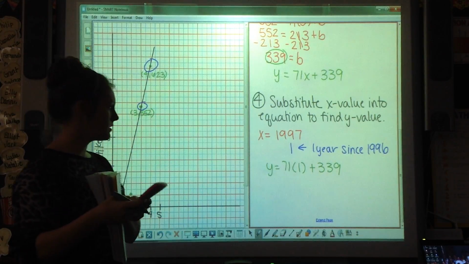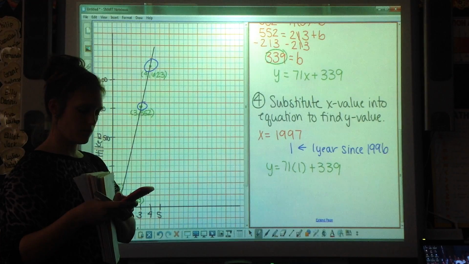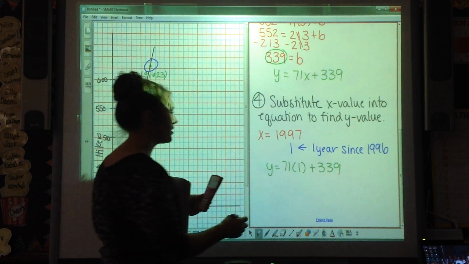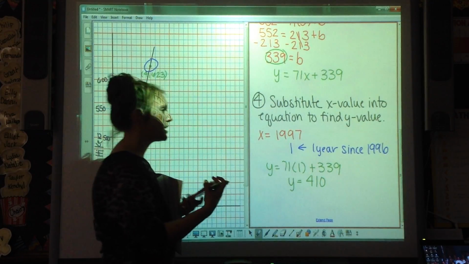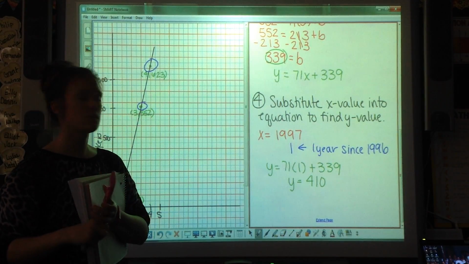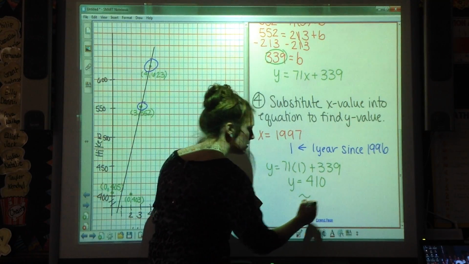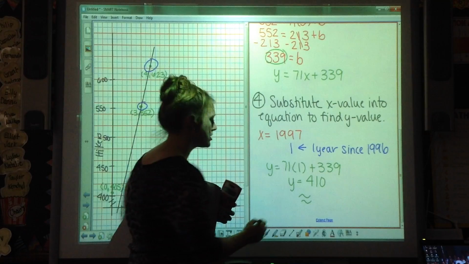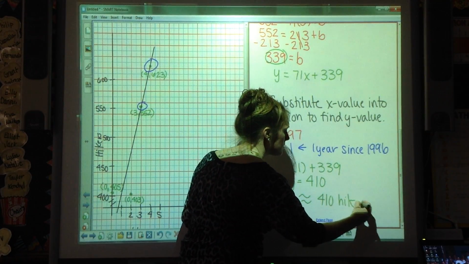I'm going to plug that into my calculator. 71 times 1 is 71. 71 plus 339 is 410. Think about what this problem is asking. It is asking how many hikers completed the trail in 1997. We got, and this is an approximation, an estimation, about 410 hikers.